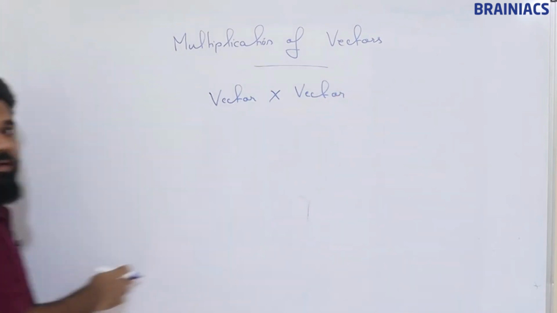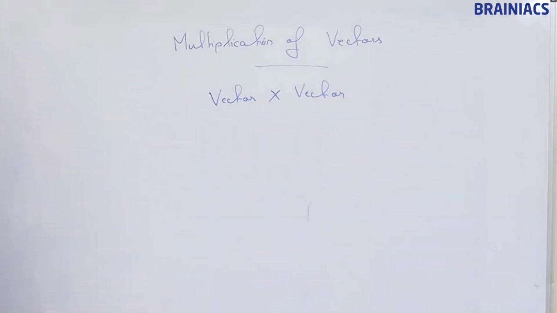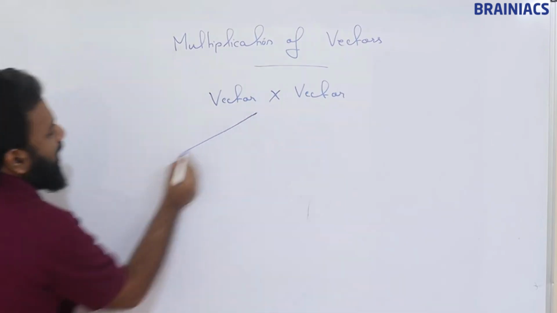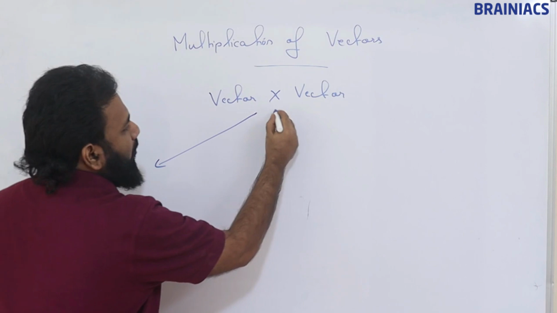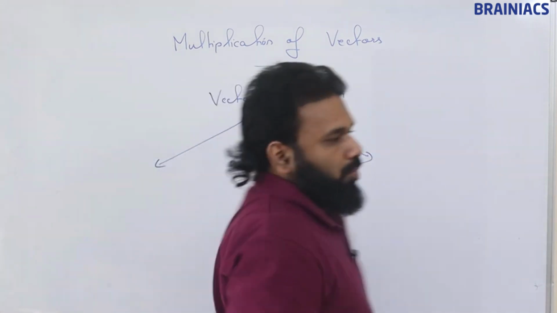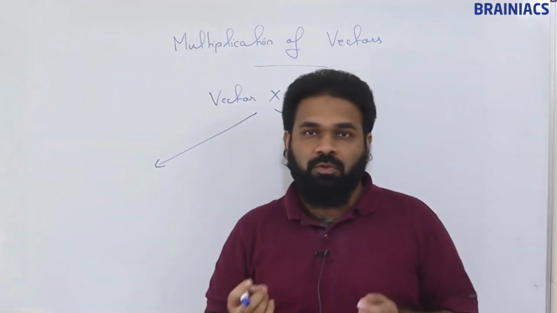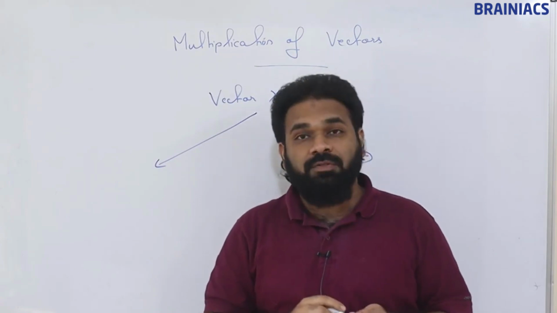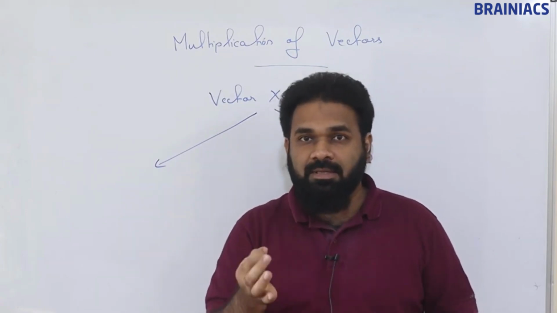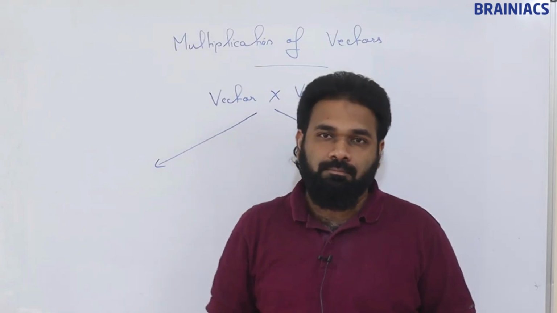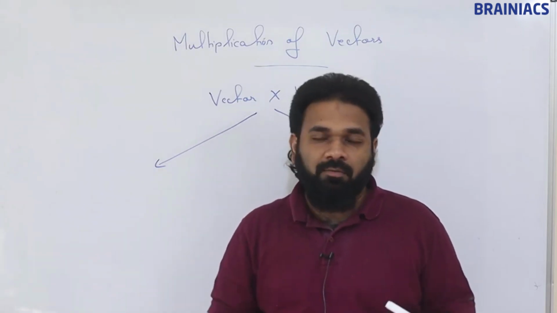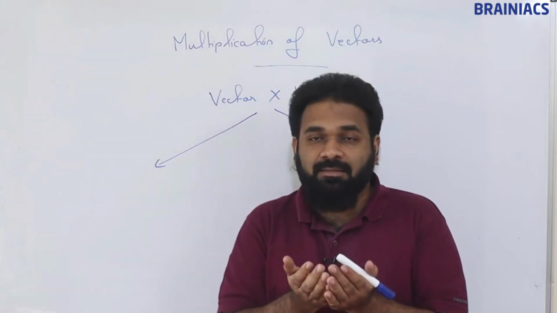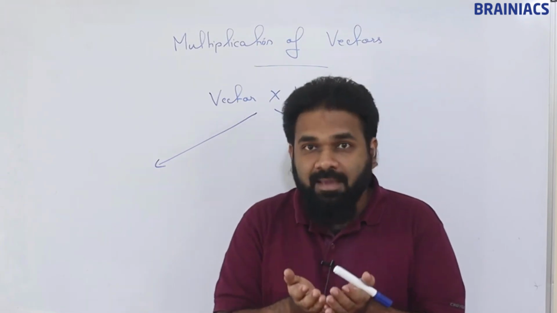So vector into vector, there are two types of multiplication, two ways we can do. When we multiply a vector into vector, one possibility is the result can be a scalar. Vector into vector, we are multiplying, the result is nothing but a scalar.